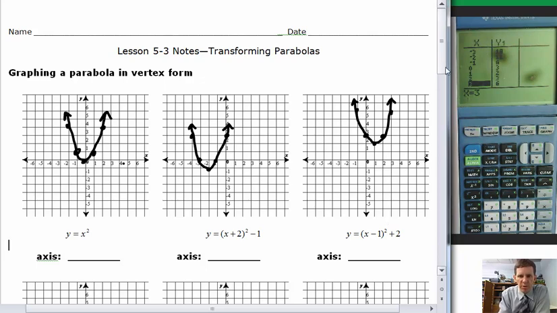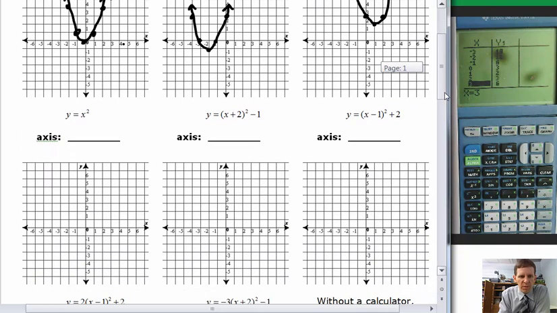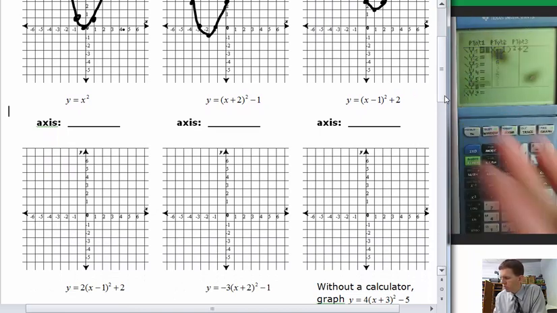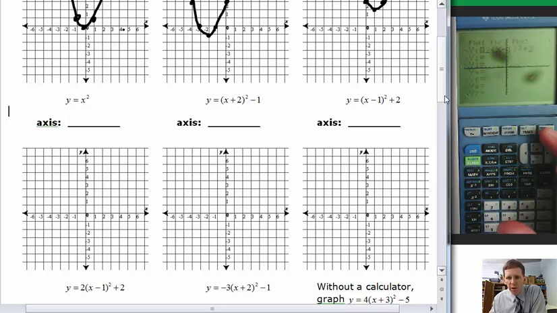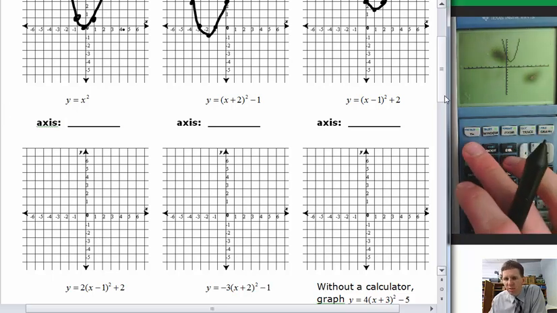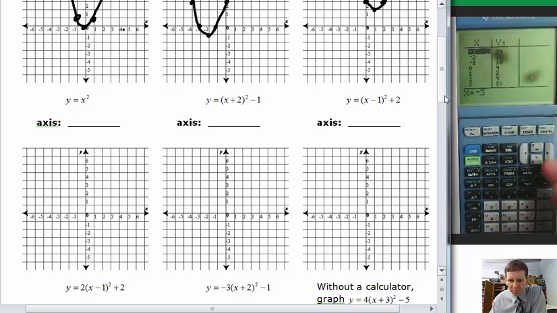Continuing to see what we have for our other graphs, we have 3 more graphs. We have a graph that has a 2 out in front. This is 2 parentheses x minus 1 squared plus 2. Like the last equation, we just have a 2 out in front. To see if there's any difference, we'll go to second graph.